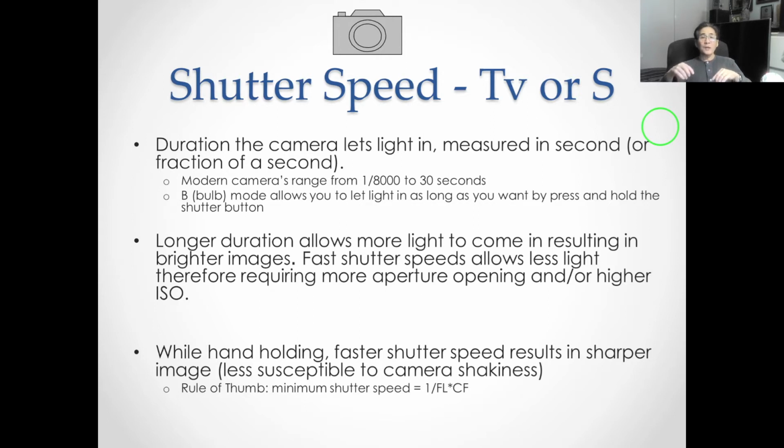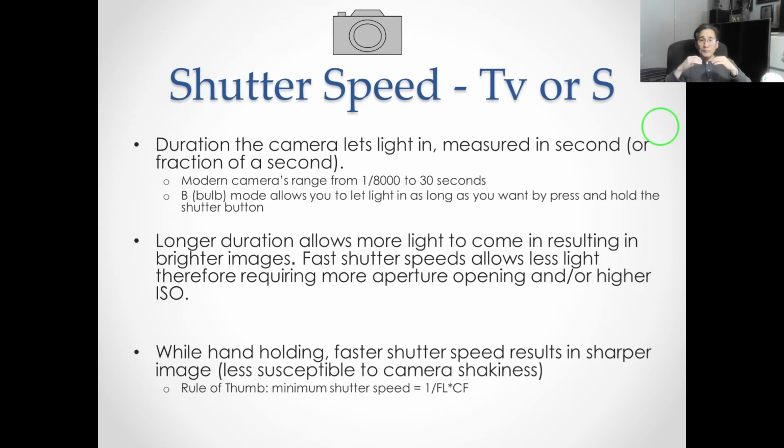Okay. So for example, if I have a 50 millimeter lens, then my minimum safe shutter speed when hand holding would be 1/50. Now, if you have a crop sensor, it magnifies everything by 1.5 times for Sony and Nikon. For Canon, it magnifies 1.6 times.